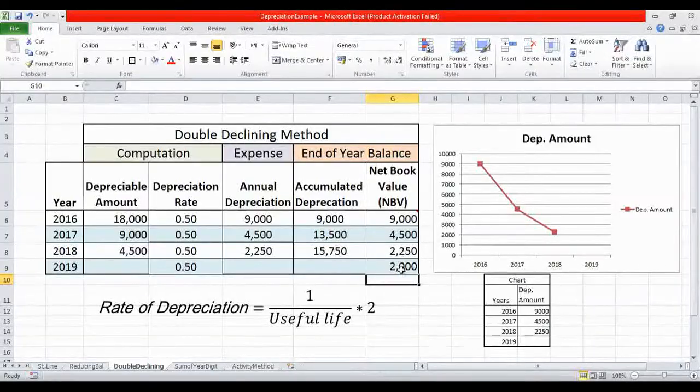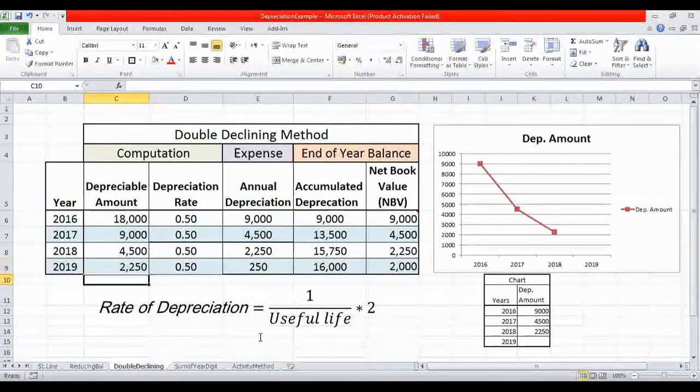So you can see the difference between these two values. The difference between these two values is only 250. So in the last year, we are only going to record 250 as our depreciation expense, and our accumulated depreciation will be recorded at 16,000, and this opening balance will come up over here. Closing balance, same, this closing balance will become our opening balance.